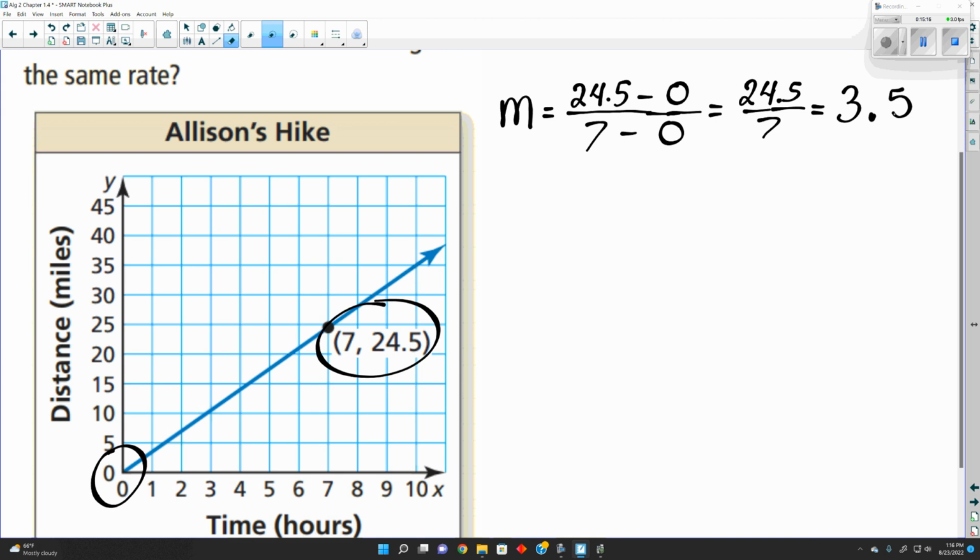Now, do we have the y-intercept? Yeah. And the y-intercept's value is what? 0.